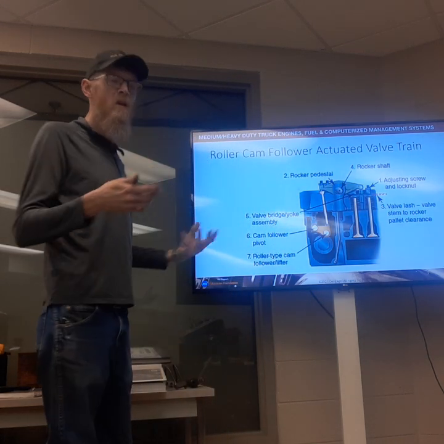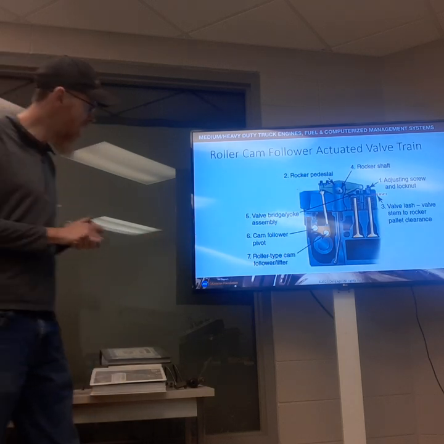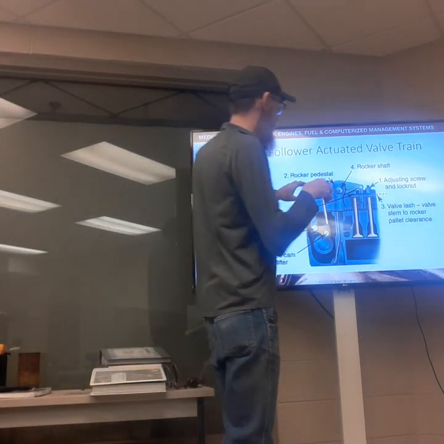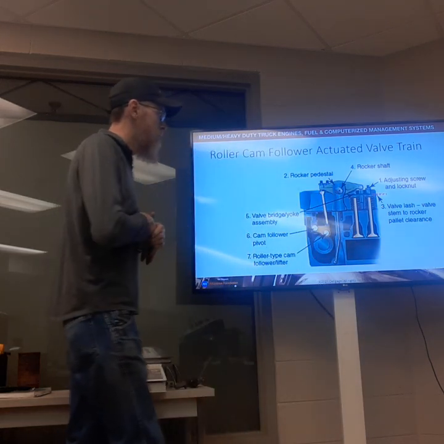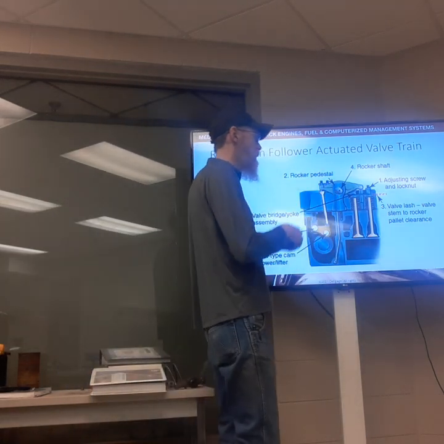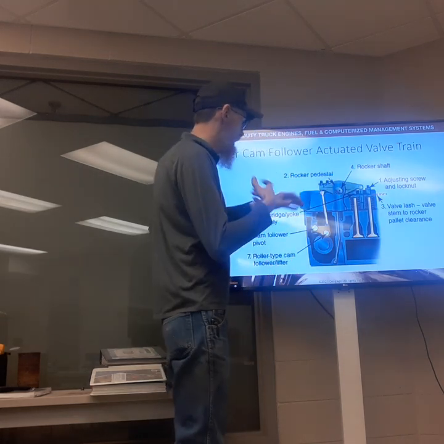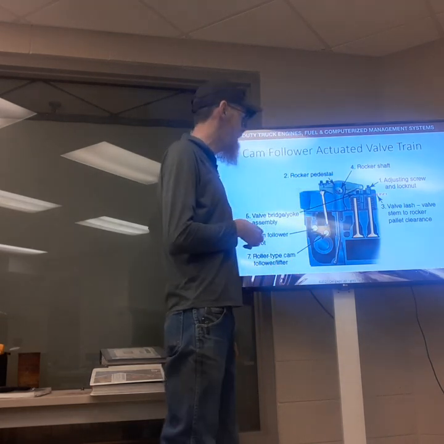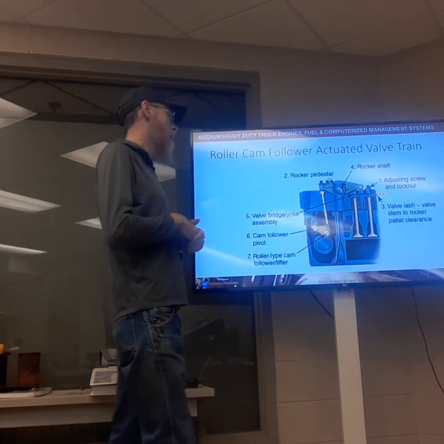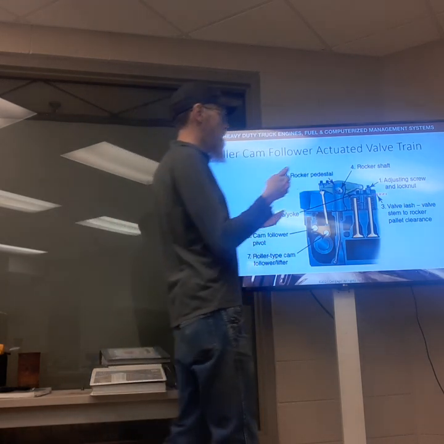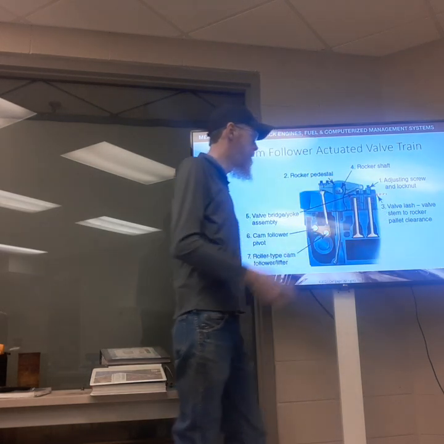And again, we briefly talked about this in our in-person lecture. Ultimately, the rocker arm, camshaft, cam follower, all those components are responsible for making the valve open. Once we're back to the base circle of the camshaft and we're not pushing up on that rocker arm anymore, springs are what make those valves close again.